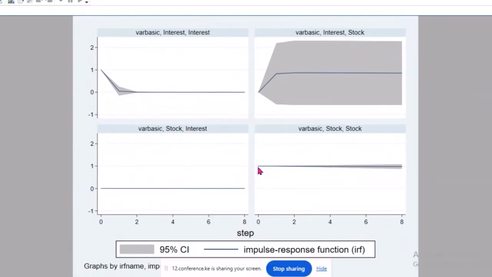A sudden change in the short run. This change declines very slowly as we move to the long run. So you can see interest rates have an effect on their own, and also an effect on stock prices, and both effects are positive.